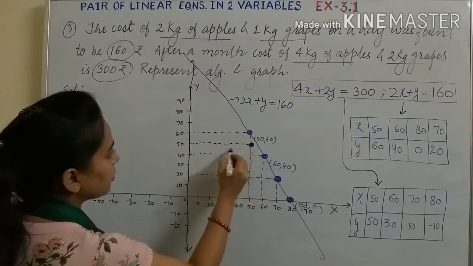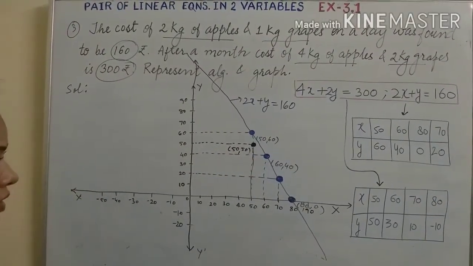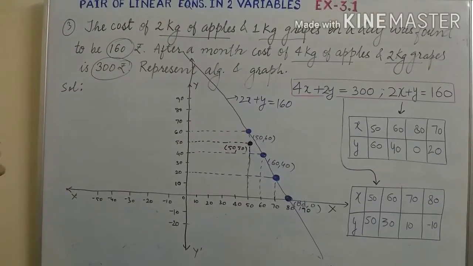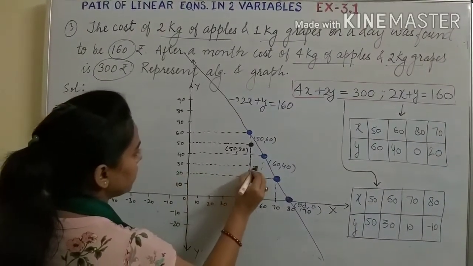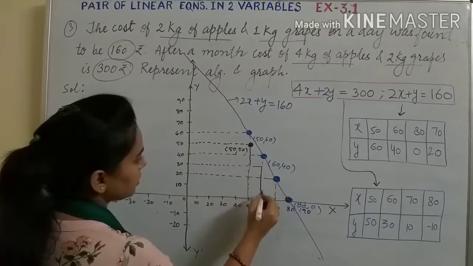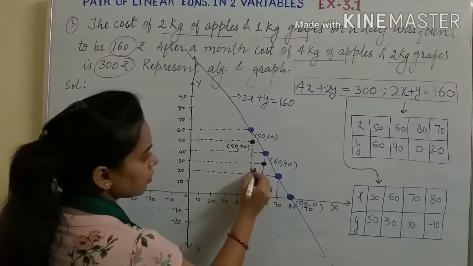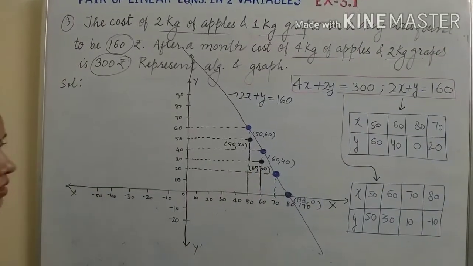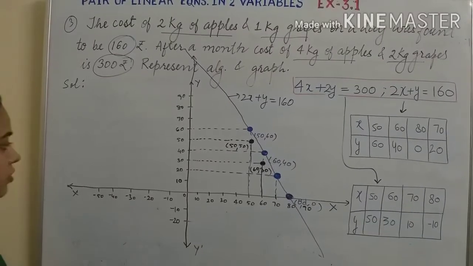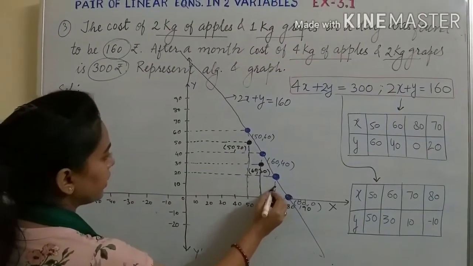This is the point. 50, 50. Next point is 60, 30. X 60 and y is 30. Next is x 70, y 10.